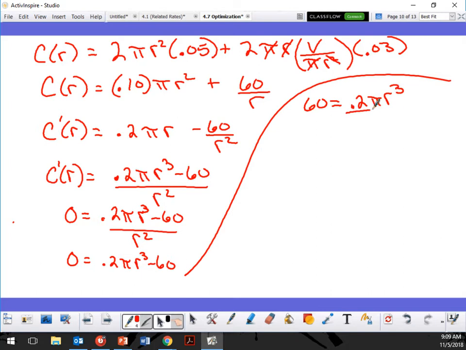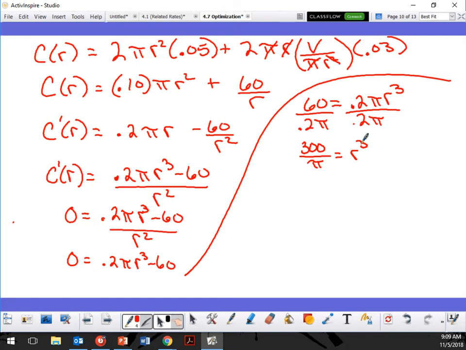Divide both sides by 0.2 pi. 300 over pi equals r cubed.